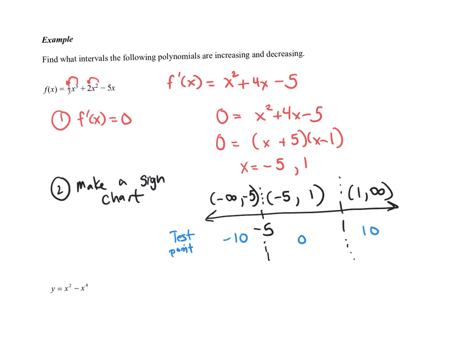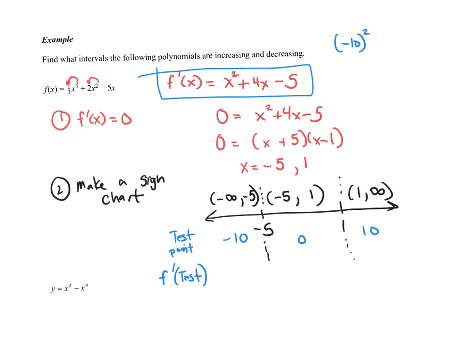And what I'm going to do with those is plug those into the derivative, and all I care about is if it's negative or positive. So my derivative is here, so I'm going to plug in -10 and see if I get a positive or negative value. I don't really care what I get, I just care if it's negative or positive.